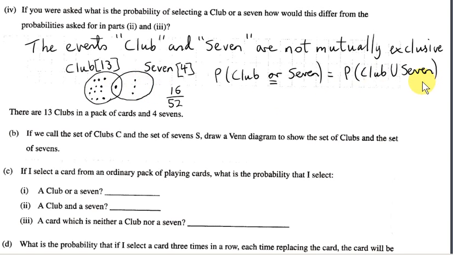But we can also use a rule here which says that the probability of one event or another event is the sum of the probabilities of the 2 events minus the probability of the intersection of the 2 events.